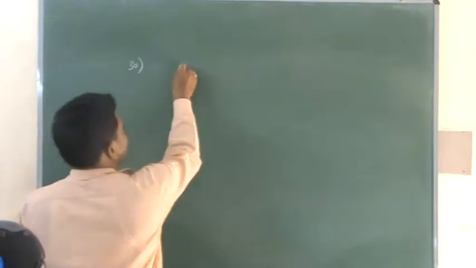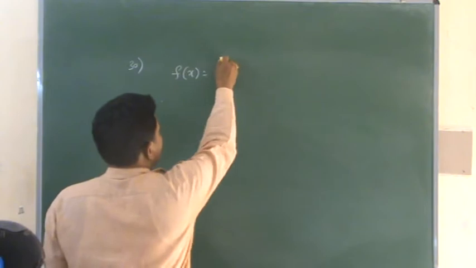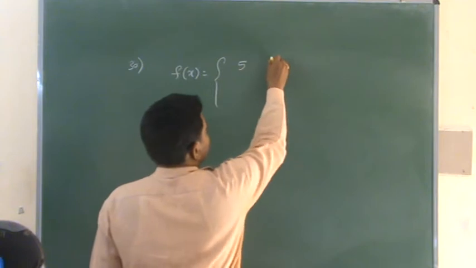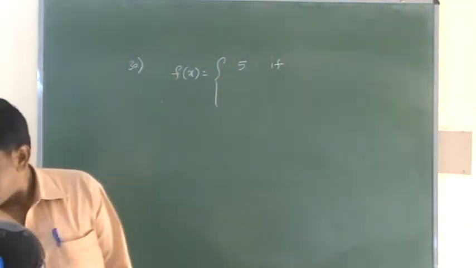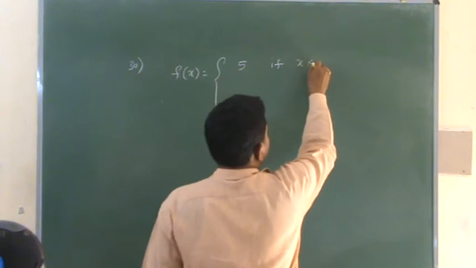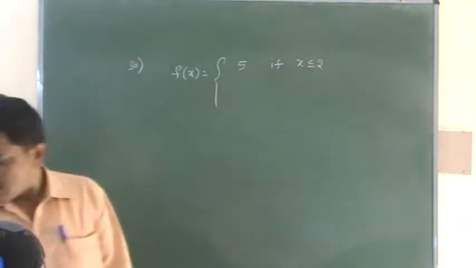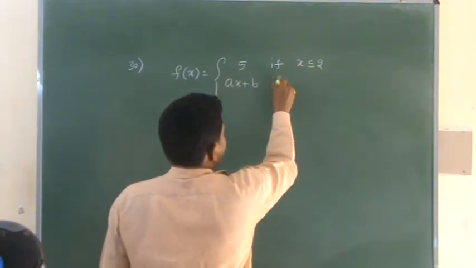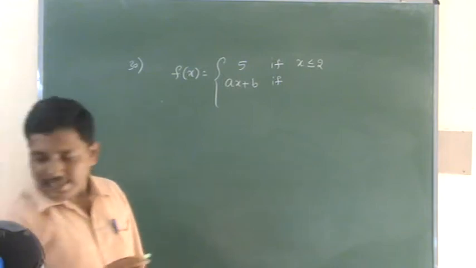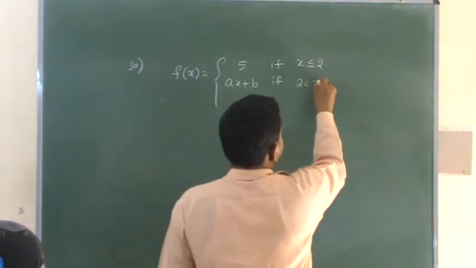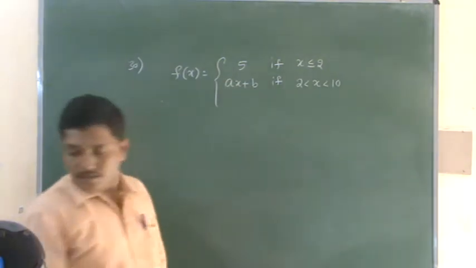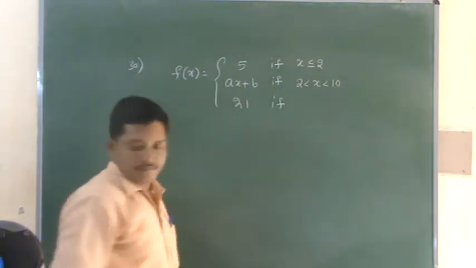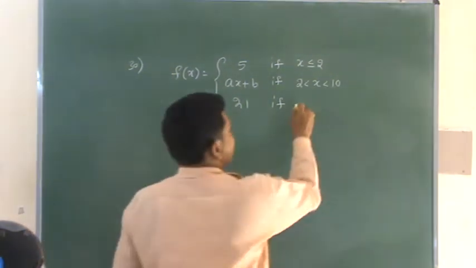F of x is equal to 5 if x is less than or equal to 2, ax plus b if 2 is less than x less than 10, and 21 if x is greater than or equal to 10.